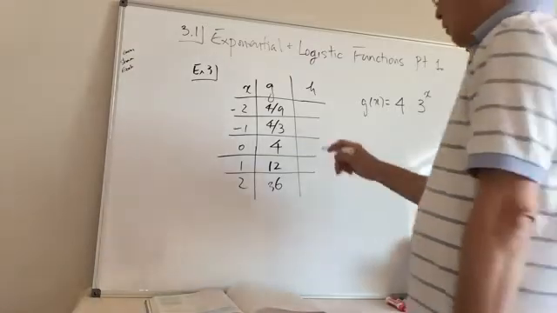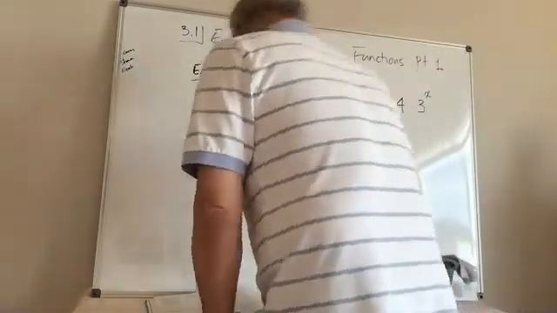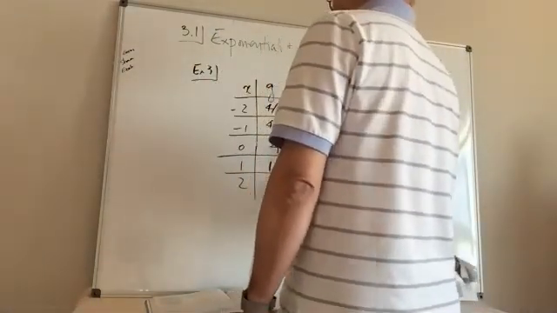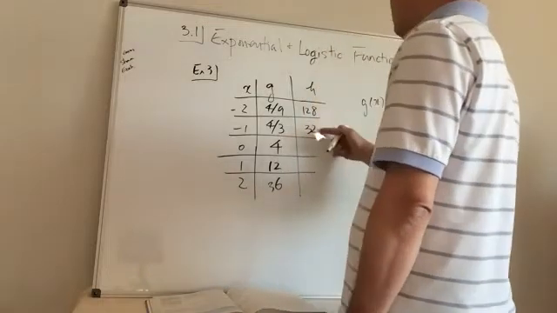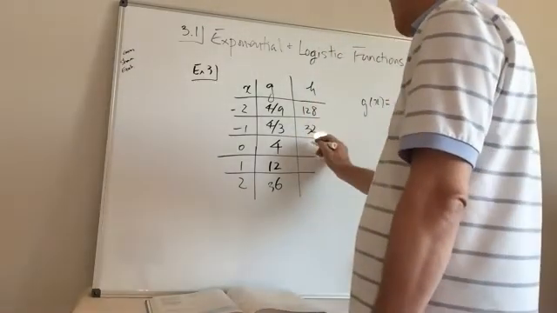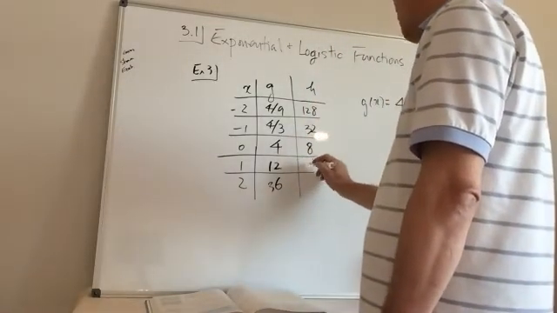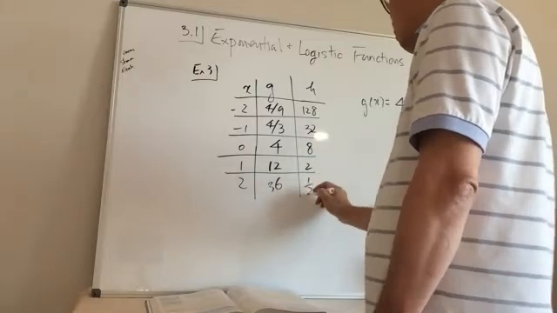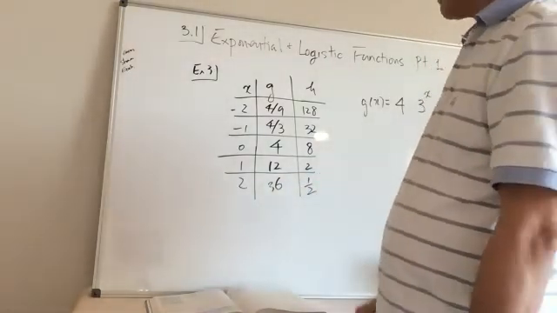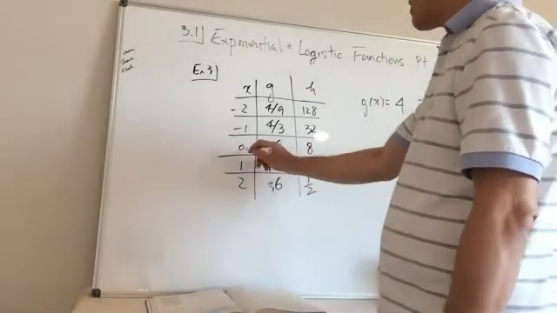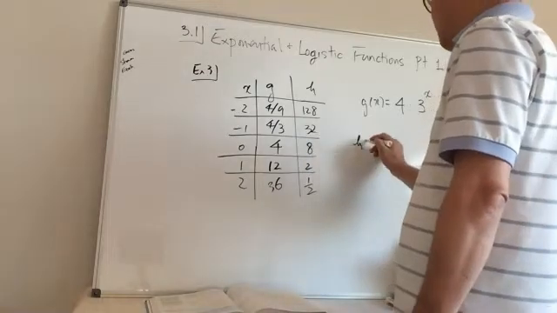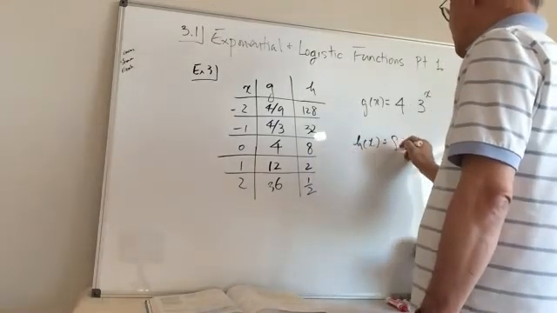On h, we have 128, 32. So from here to here, we divided by 4. Going over here, we're going to divide by 4 again. Divide by 4, divided by 4, 1/2. Again, the initial value is the value where x is equal to 0. So for h, that's going to be 8.